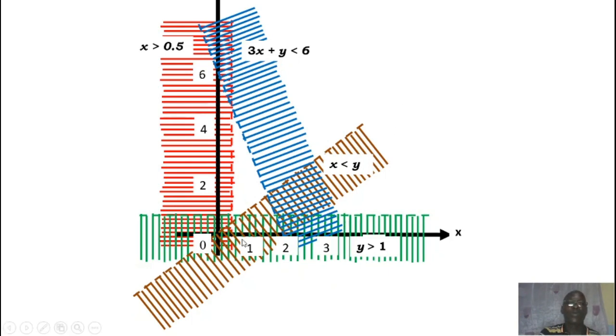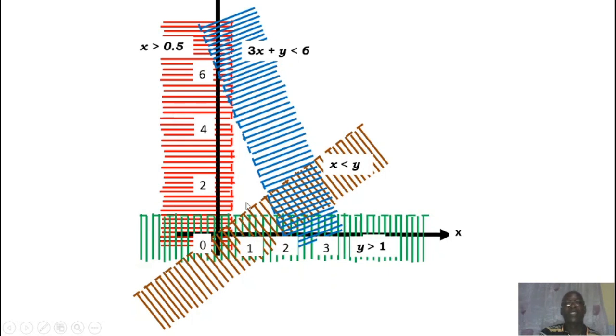We pick 1, go upwards, go to 2. So it means x is 1, y is 2. If x is 1 and y is 2, we check it here first. Is x less than y? Yes, because 1 is less than 2. Now, what's the value of y there? It is 2. Is y greater than 1? Yes, because 2 is greater than 1.